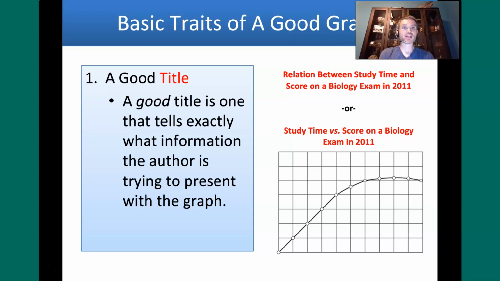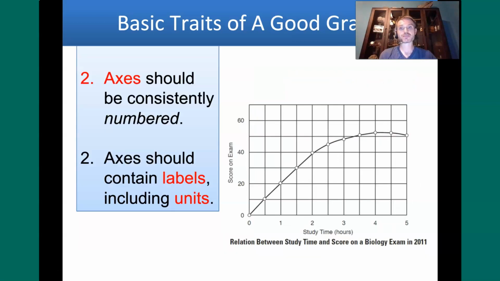So a couple of examples of graph titles could be the relationship between study time and score on a biology exam in 2011. So in many examples, what we usually do is we take the independent variable, for this instance, time of studying, versus the dependent variable, which would be the score on the biology exam. So that's an easy way to write a good title.